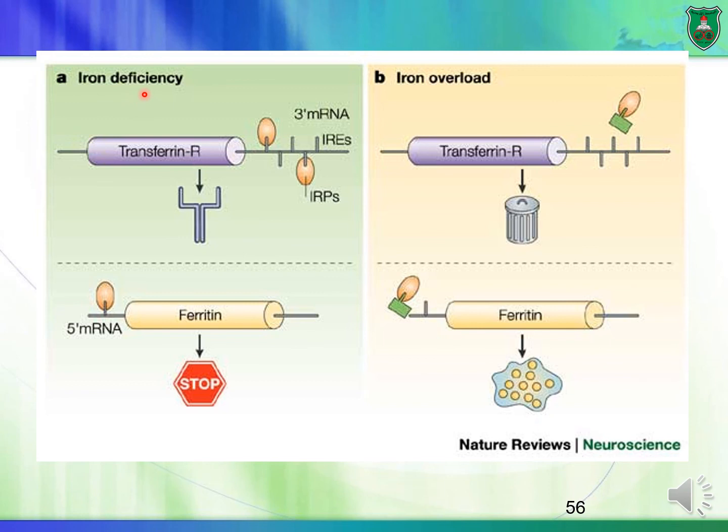If there's iron deficiency in peripheral cells, in this case, there should be production of transferrin receptor and no production of ferritin. So what happens is that without iron being in the system, the iron response element binding protein would bind to the iron response element that exists in the 3' region of the transferrin receptor messenger RNA, stabilizing the messenger RNA of transferrin receptor, producing a lot of transferrin receptor.